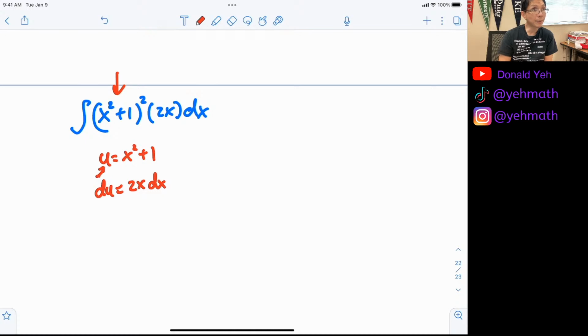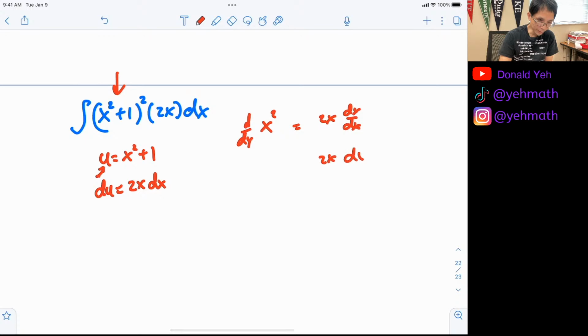Am I going too fast? Why is there a dx? Because usually if you take a derivative of x squared with respect to y, right? But we're not taking derivative with respect to y. Let's say if I differentiate with respect to y like here, you're going to get 2x and dx dy, right? But we're not taking that derivative, so you're going to get 2x dx.